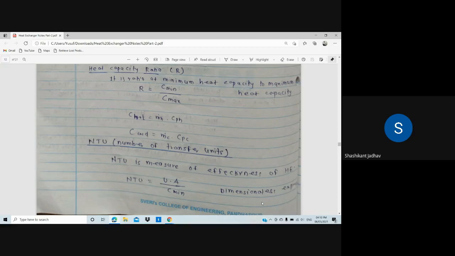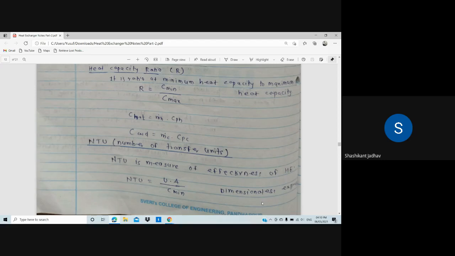So write down C hot is equal to m dot h into Cph, and C cold is equal to m dot c into Cpc. So this is about the heat capacity ratio.